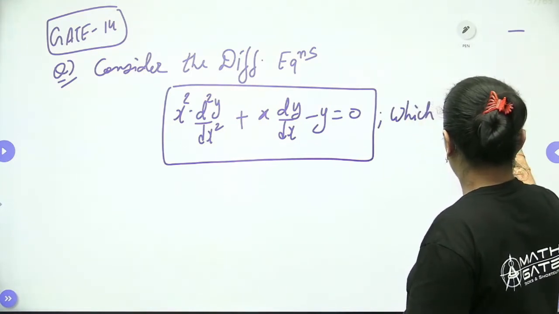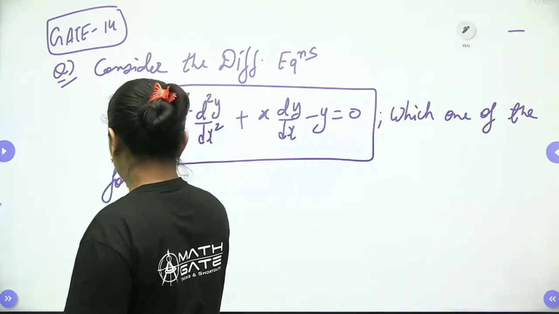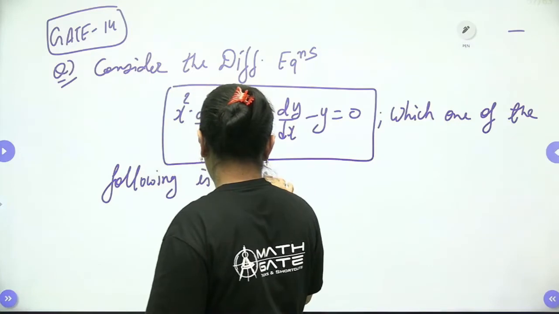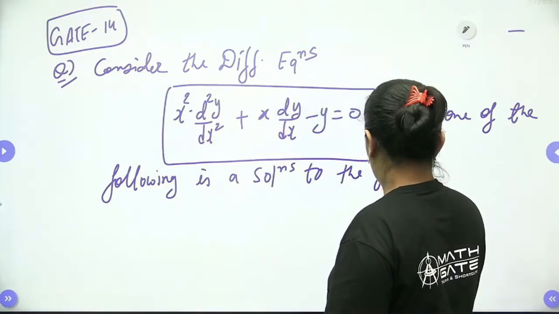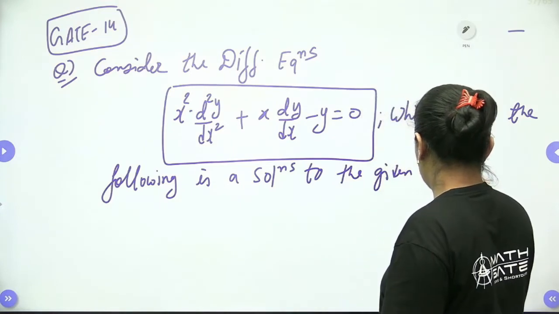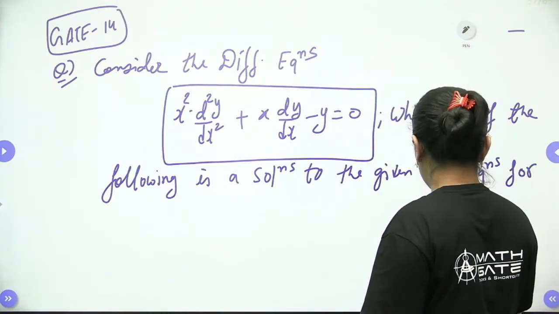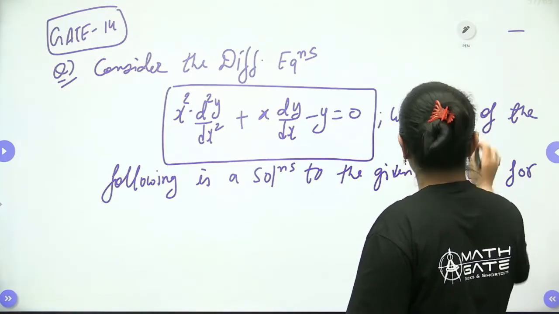Which one of the following is a solution to the given differential equation for x greater than 0? Now here we have a condition that x is greater than 0.